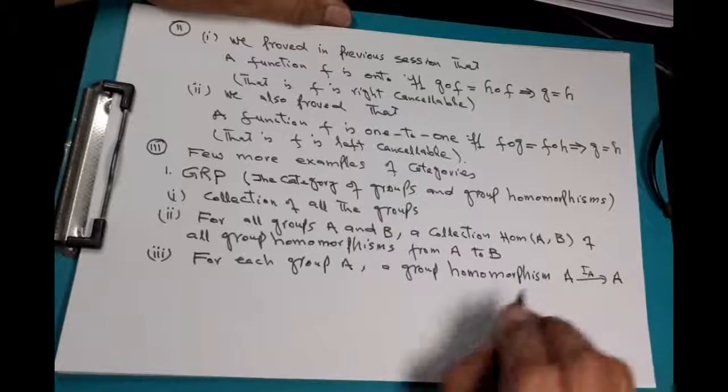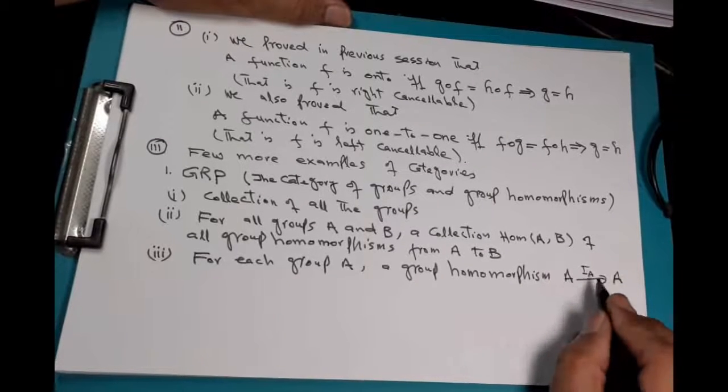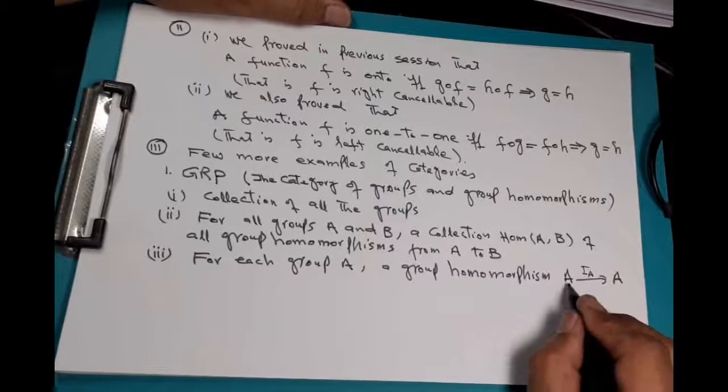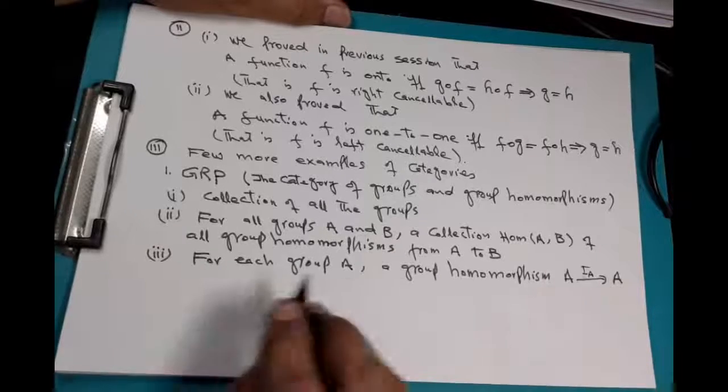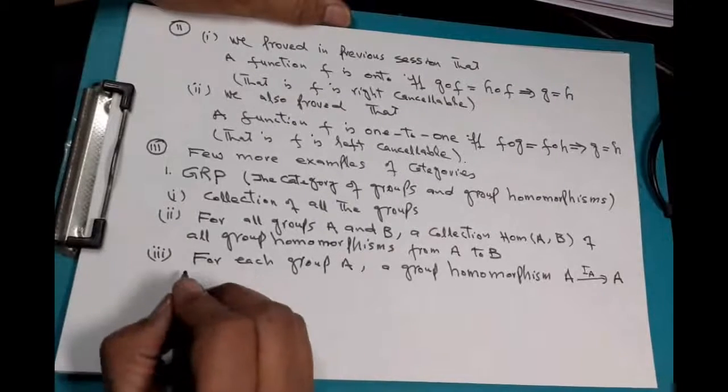But in this case, this is the identity group homomorphism with domain A and codomain A, called the identity group homomorphism.